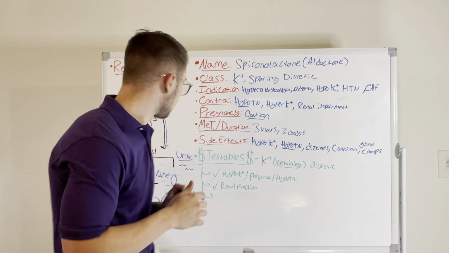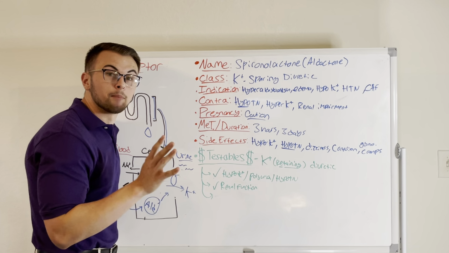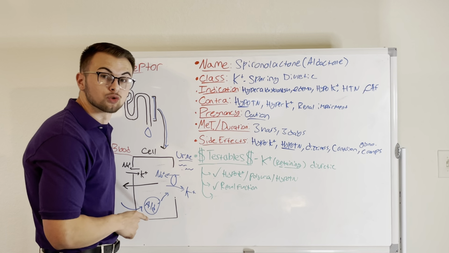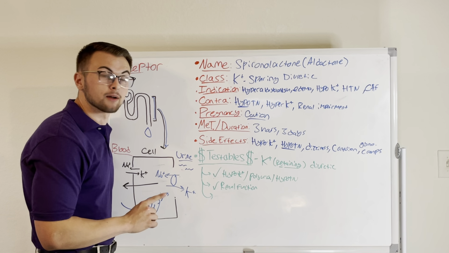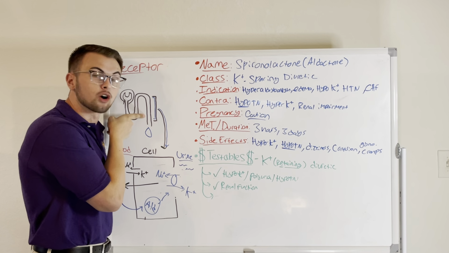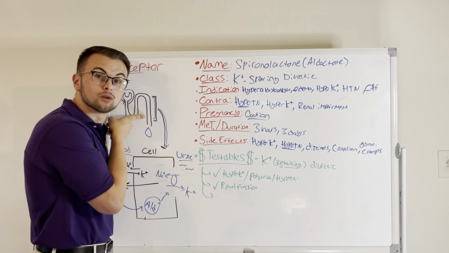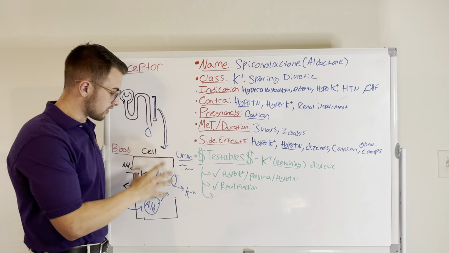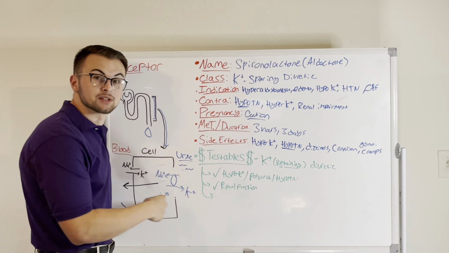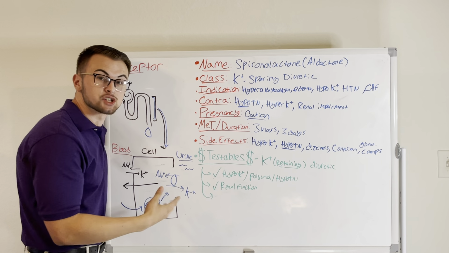We should know that this drug binds to and blocks our aldosterone revolving door. Simply put, our nephron has a section called the distal convoluted tubule, and normally the cells in this section are involved with sodium and potassium and water regulation.